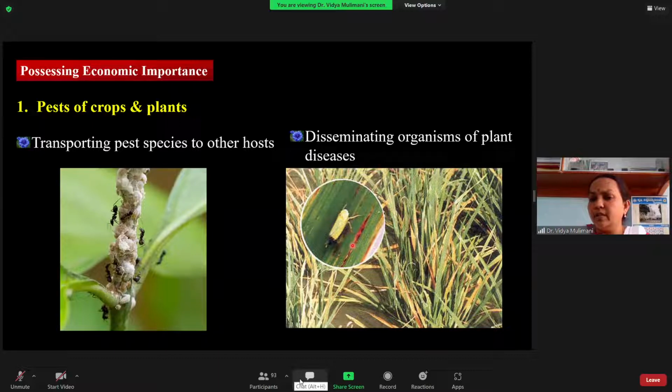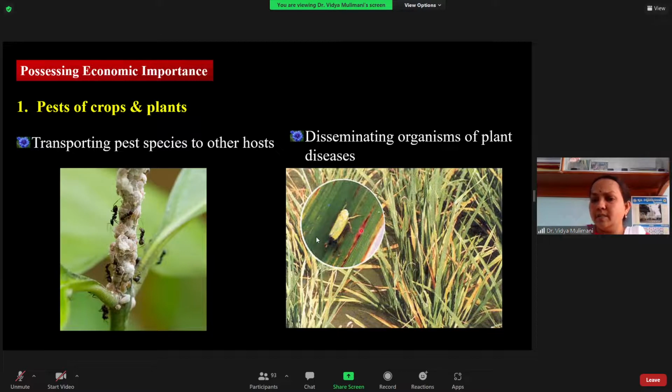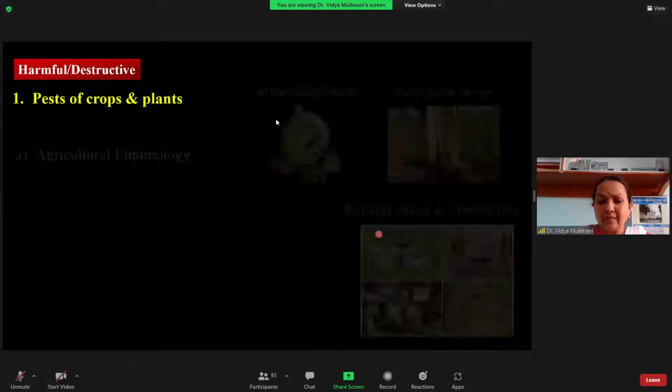Here I have given you the example of rice. This is a leaf hopper, and rice virus is mainly transmitted by the leaf hopper. These are the ways in which, directly and indirectly, insects cause damage to our crops, irrespective of whether it is a field or horticultural crop. Next I will tell you what the categories are.